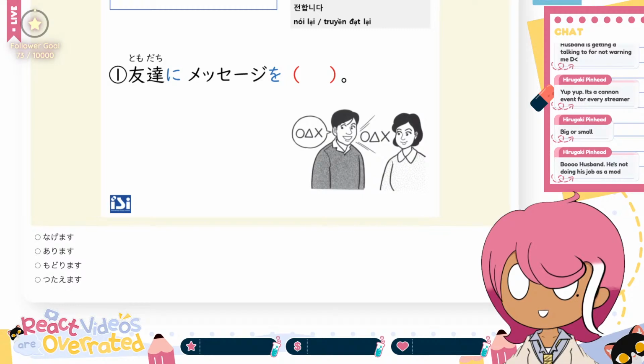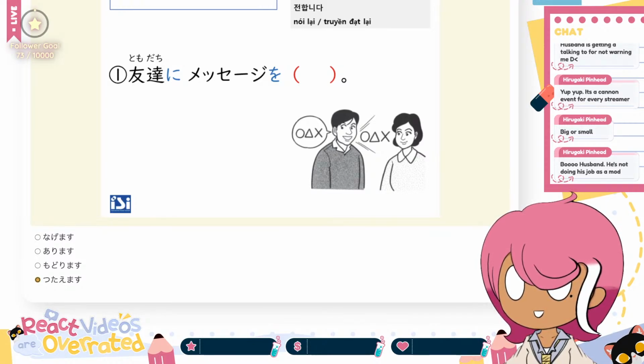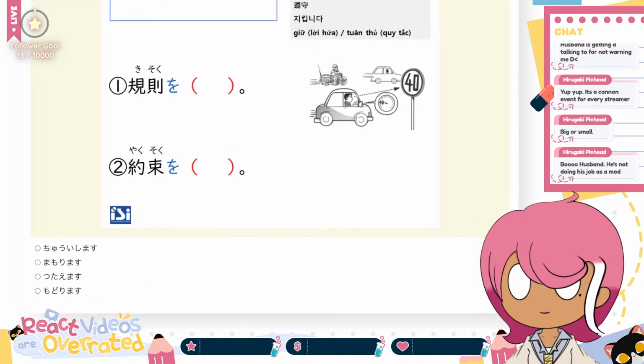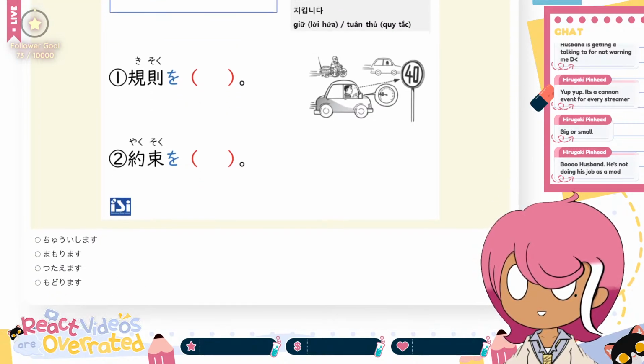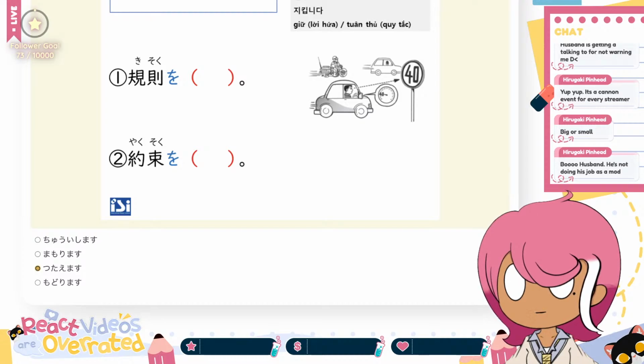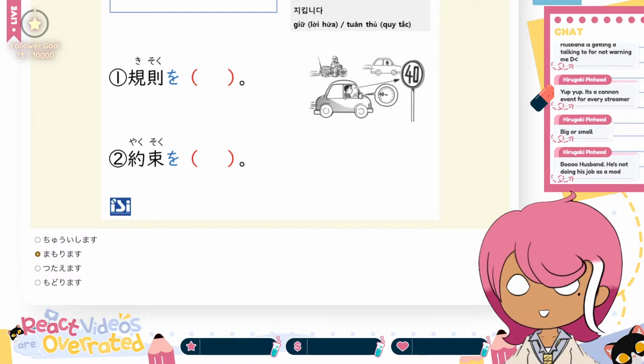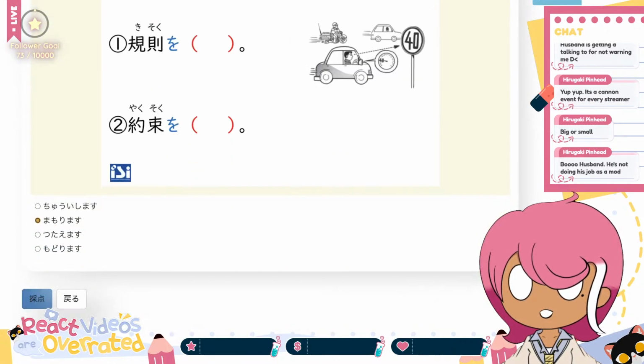Convey. 戻り, no, that's to return. 伝え, that doesn't seem right. 投げ, oh man. It's not あります, that's for sure. It's not 戻り because that's to return. 伝え, maybe that. Keep or follow. Oh, no, that definitely should be suka, right? No. 守り. Oh man. I'm gonna go with that.